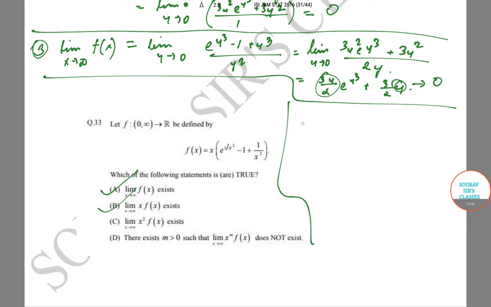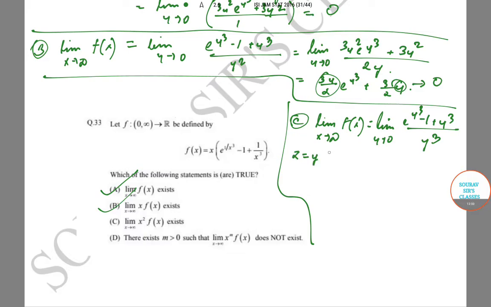Now for C, we again do the same thing. Limit x goes to infinity x squared f(x) is equal to limit as y goes to 0 e to the y cube minus 1 plus y cube by y cube. So this, as y goes to 0, z also goes to 0 if we put z equal to y cube.